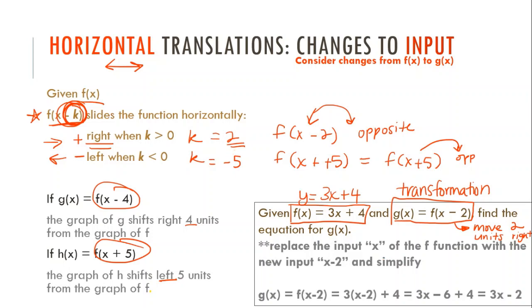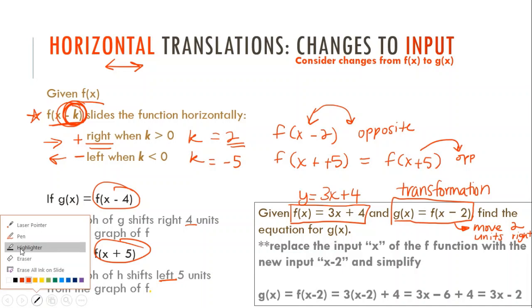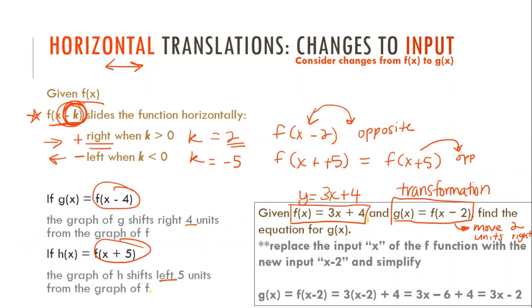So if we were to actually figure out the new function, I'm going to go ahead and highlight. We replace the input value, so we replace our x with the entire translated function here, this x minus 2.